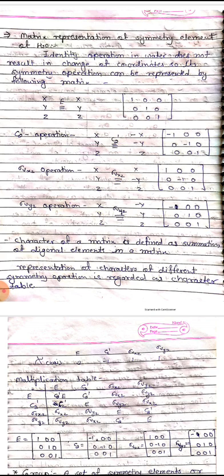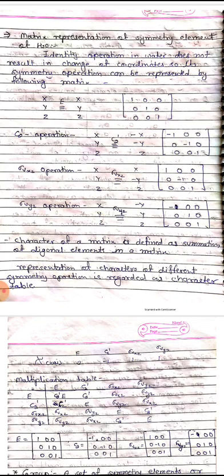Therefore, in matrix representation, A11 diagonal element is -1 and A22 diagonal element is -1, while A33 diagonal element remains 1, as there is no change in z coordinate.